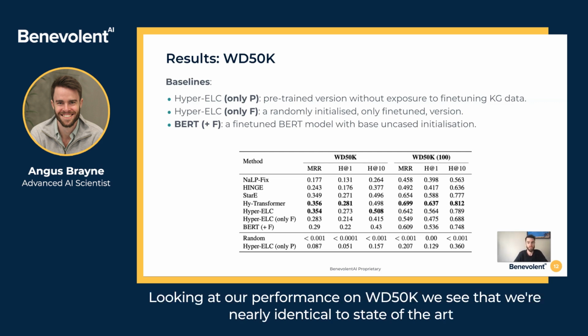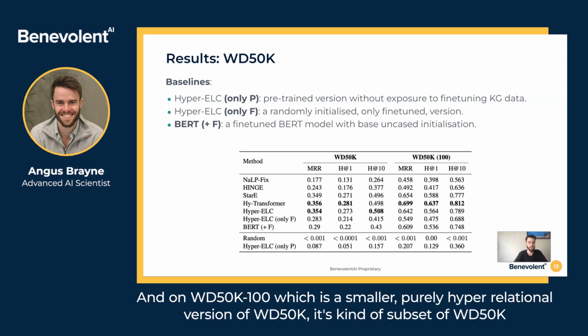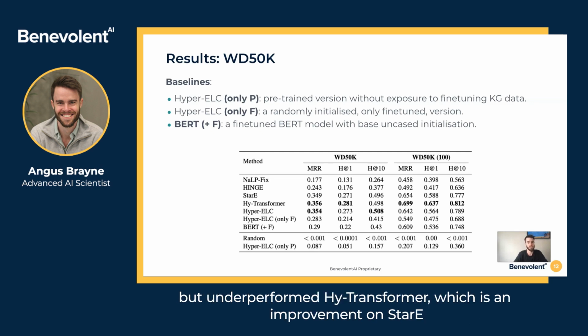Looking at our performance on WD50K, we see that we're nearly identical to state-of-the-art, outperforming our BERT model as well. And on WD50K 100, which is a smaller, purely hyper-relational version of WD50K, a kind of subset of WD50K, we see that we outperform BERT, are comparable to StarE, but underperform HyperTransformer, which is an improvement on StarE.